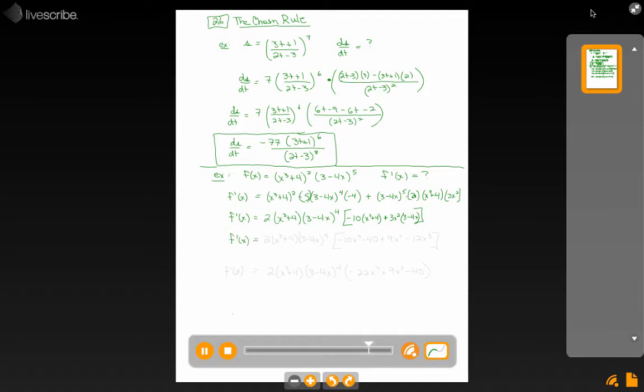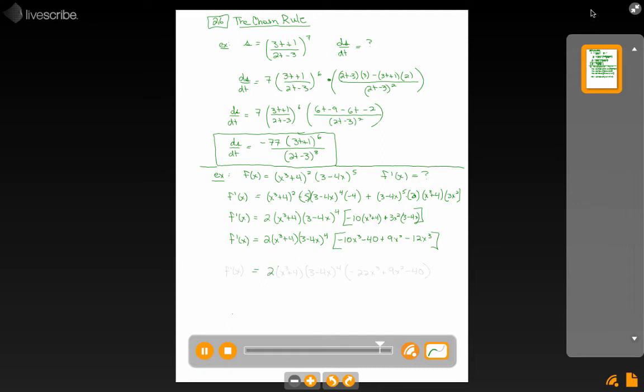These first terms are fine, just leave them as they are. 2 times (x cubed plus 4) times (3 minus 4x) to the 4. But in these brackets here, for sure, I should have a look and see if I can simplify it a bit. Negative 10x cubed minus 40 plus 9x squared minus 12x cubed. So if nothing else, at least I have some like terms there.